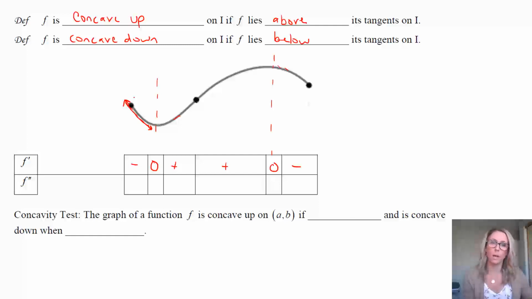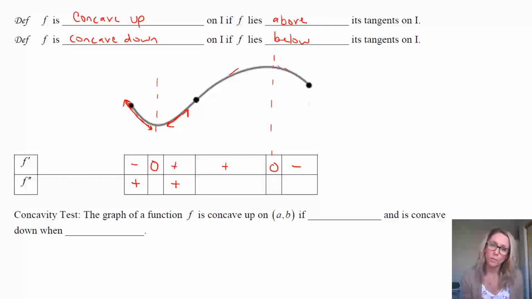That's what it means to say that the function lies above its tangents. That makes sense. So in this case, we actually have a positive second derivative. If I'm here, notice again, if I was to try to draw a tangent line, I would draw it there. And in that case, the function again is going to be above its tangents. So again, I'm going to have this positive on the second derivative.